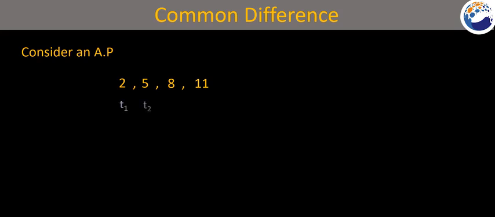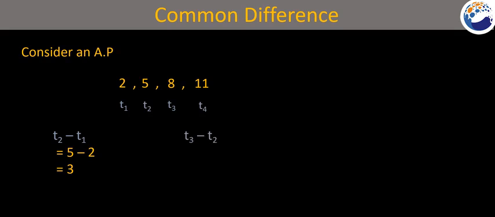Note, arithmetic progression is denoted by AP. Common difference. Consider an AP 2, 5, 8, 11. Here, T1 is equal to 2, T2 is equal to 5, T3 is equal to 8, and T4 is equal to 11. Now, T2 minus T1 is equal to 5 minus 2, which is equal to 3.